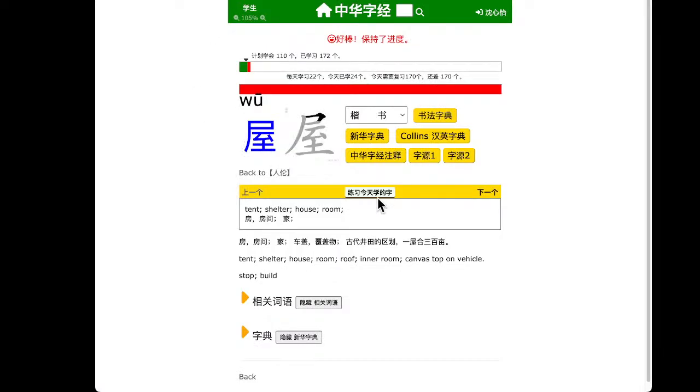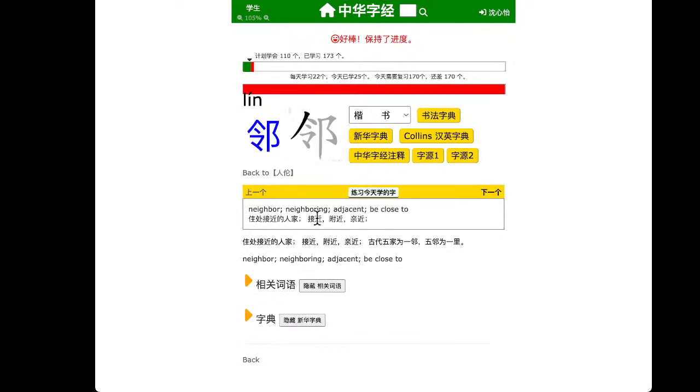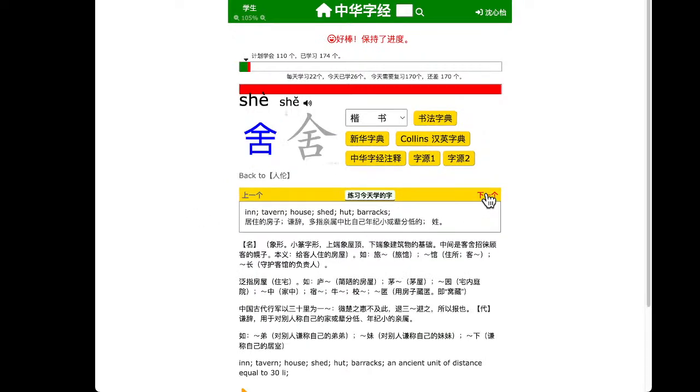So that's U. Ling is your neighbor, the adjacent, the neighboring, close by. She refers to an inn or tavern, a house or a hut, barracks. This is kind of like the entire residential complex as opposed to one unit of it.